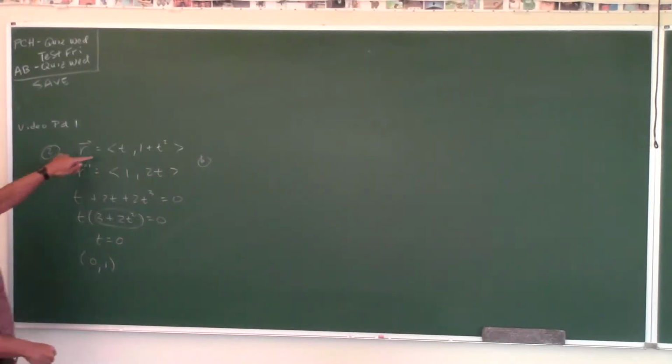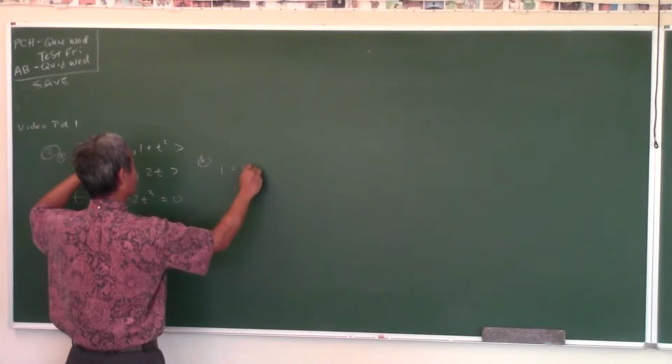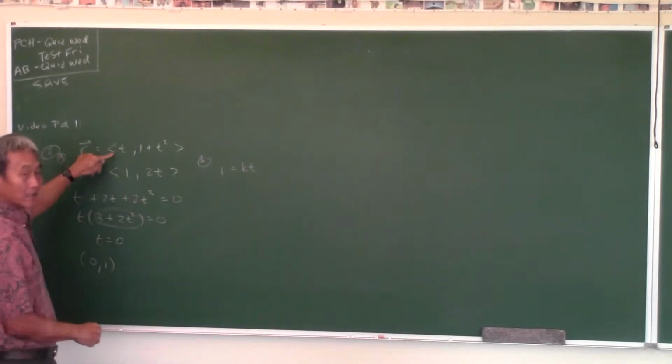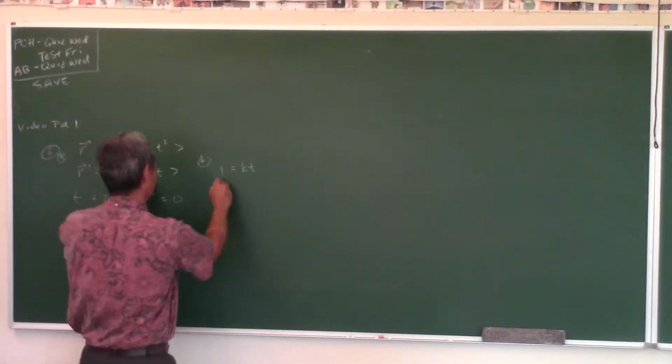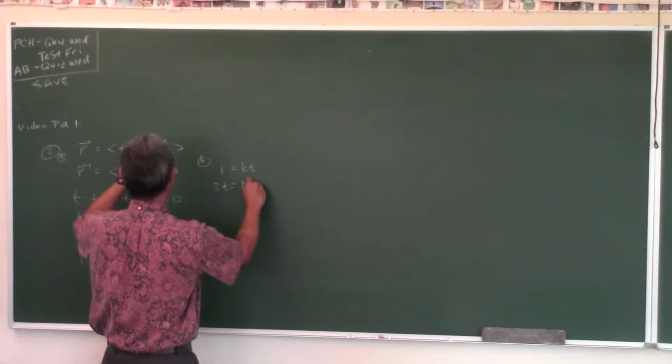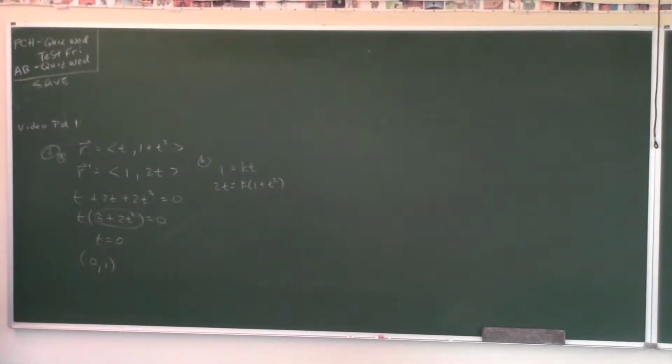In other words, this 1 has to equal a constant times t, and this one has to equal a constant times 1 plus t squared. And then you solve it. Two equations, two variables.